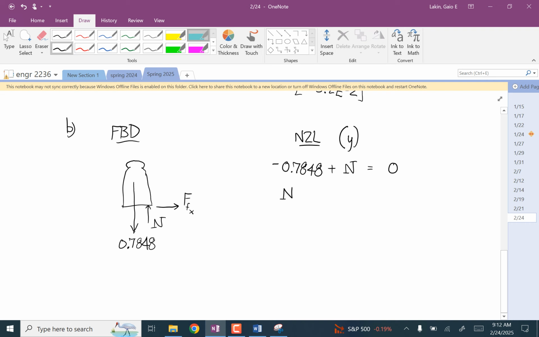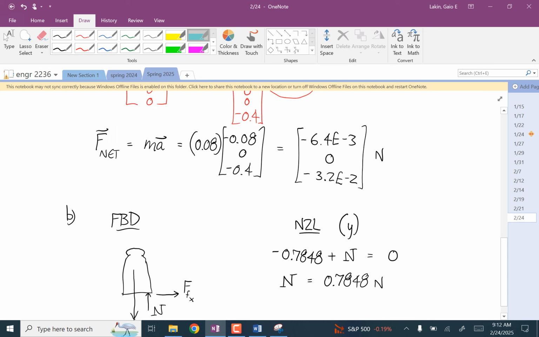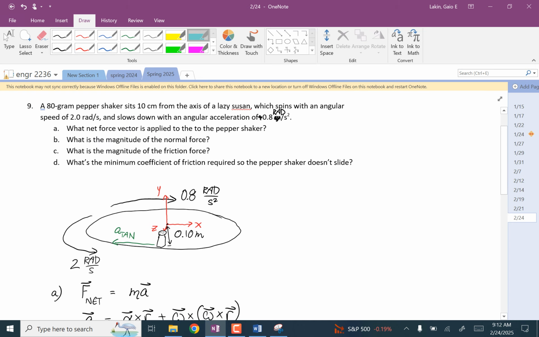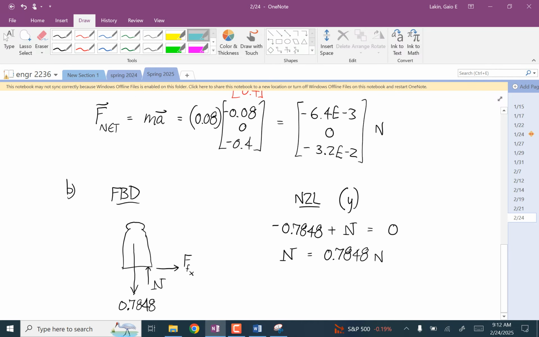And so that normal force in this case is just equal to the magnitude of the weight. Any questions about that?